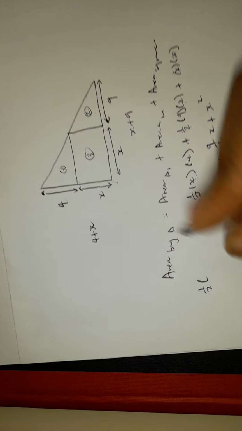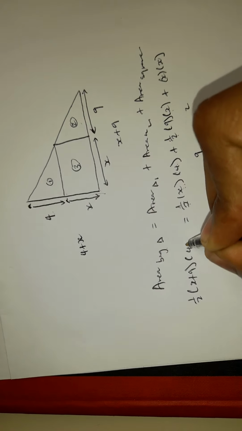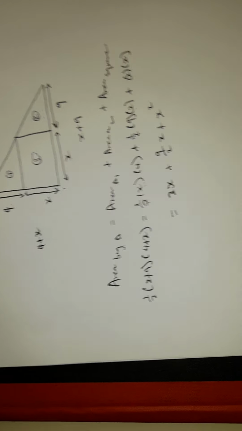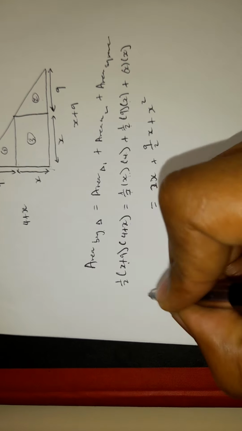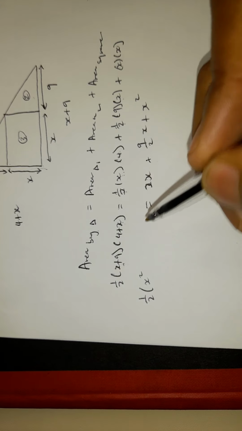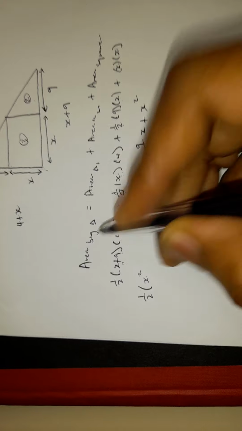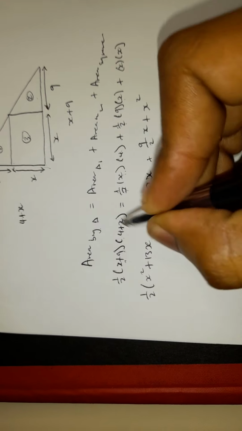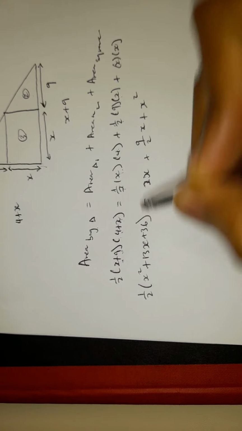Our base is x plus 9 multiplied by our height, which is 4 plus x, right? Let me just put the half there. It's x multiplied by x, you're going to have x squared, and then 9x plus 4x, which is going to give us 13x. And then 9 multiplied by 4 gives us 36, right?